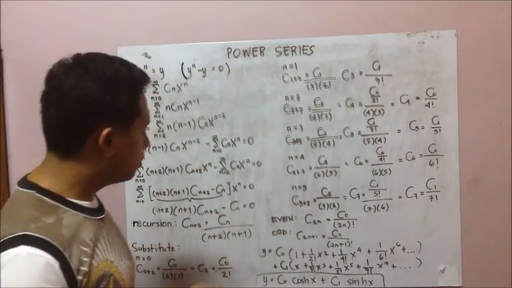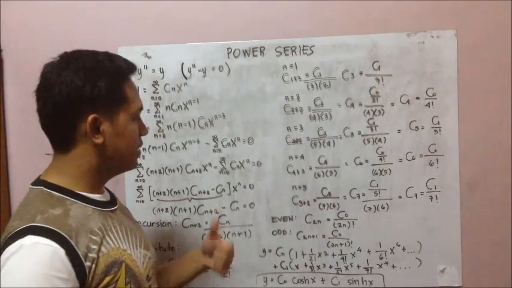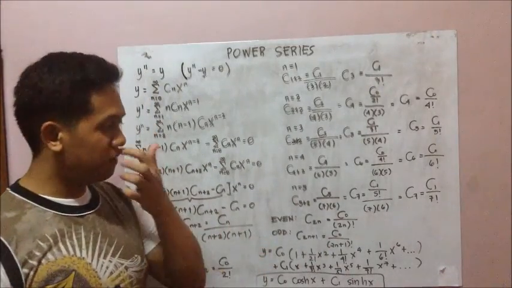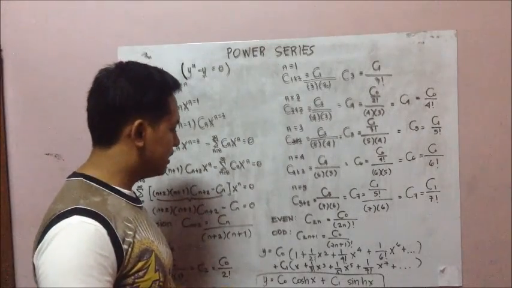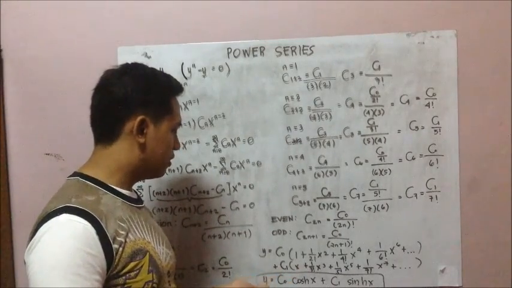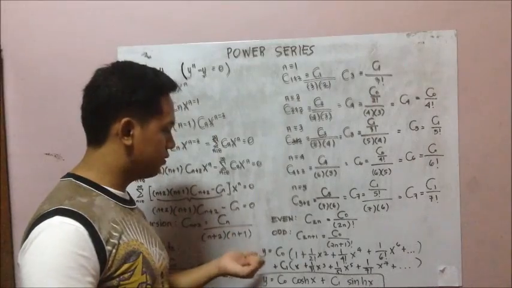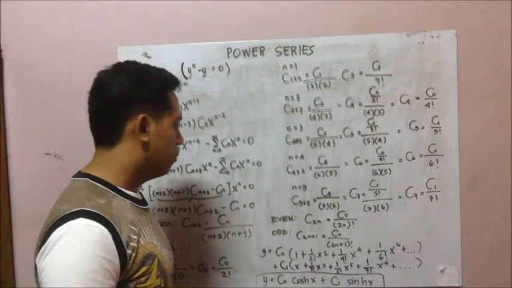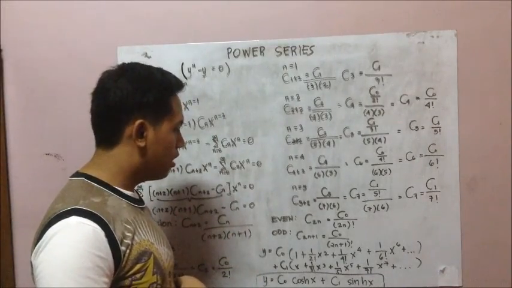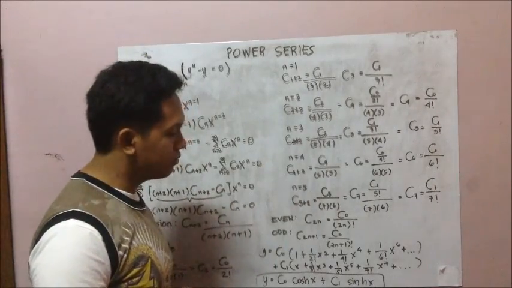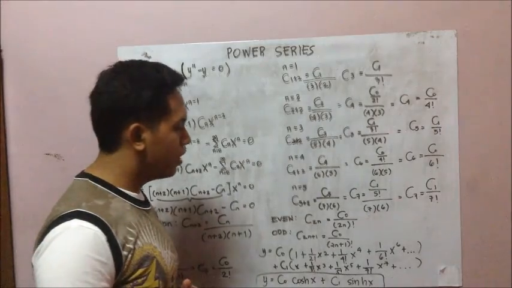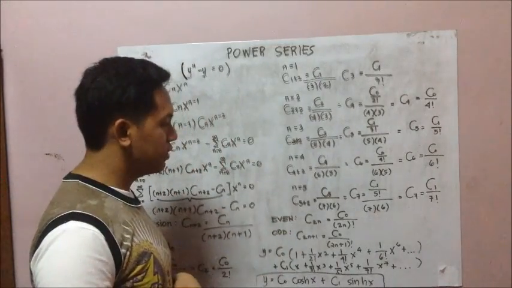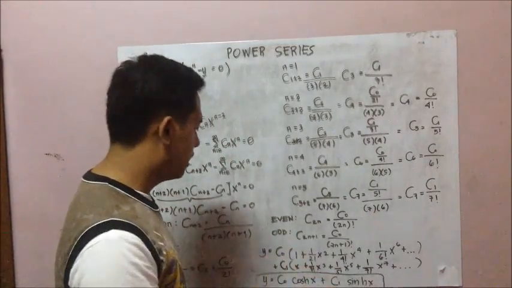So substituting this value of our coefficient in the formula, we have the simplified equation here. So, we have y is equal to c sub 0 multiplied by 1 plus 1 over 2 factorial x squared plus 1 over 4 factorial x raised to 4 plus 1 over 6 factorial x raised to 6 plus and so on.